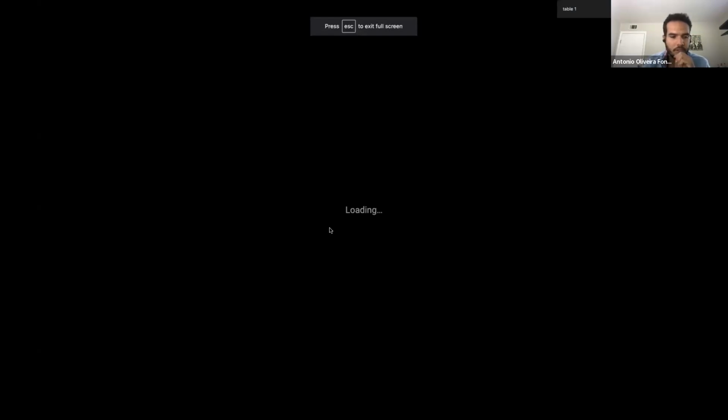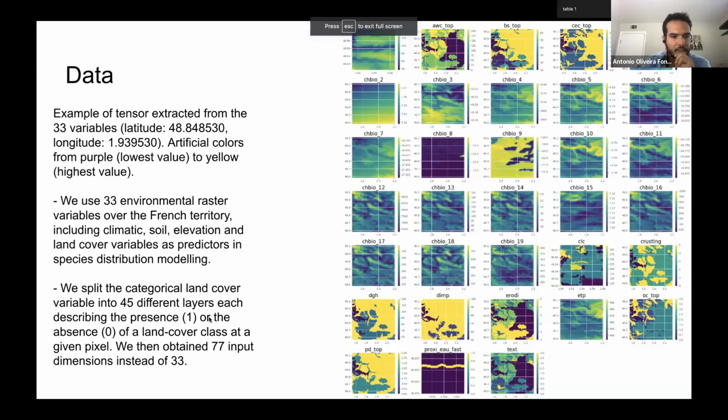Then let me share the screen again. Okay. They say that they split the categorical land cover variable into 45 different layers. So probably this is more clear to you guys, right? Essentially what they did here apparently is, for this categorical land cover, for each one of them you have these ones and zeros where you basically say where that specific type of vegetation, I believe, is within that map.